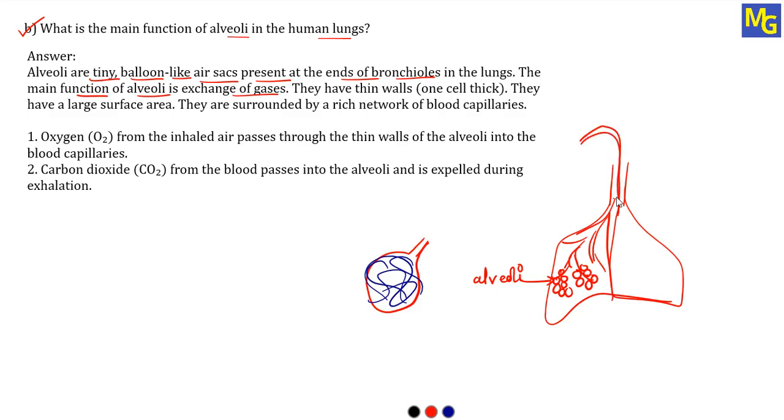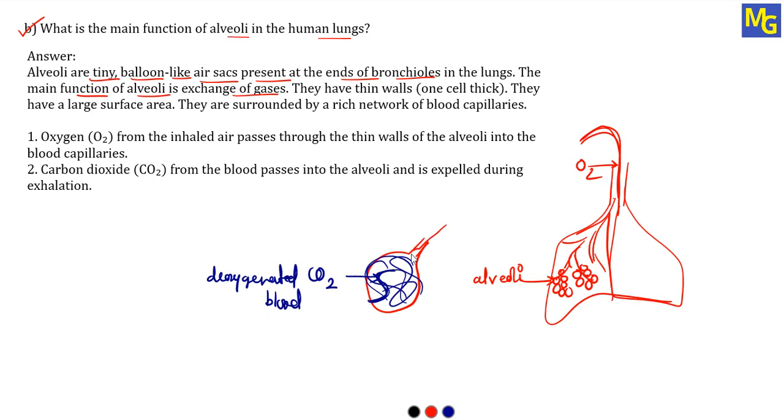This air consists of all the gases, and the blood capillaries you can see on these alveoli consist of blood which, see here, in this capillary, contains CO2. That is called deoxygenated blood, or impure blood.